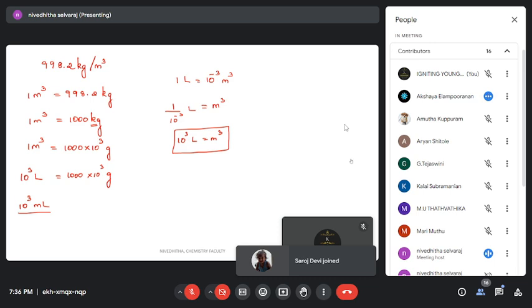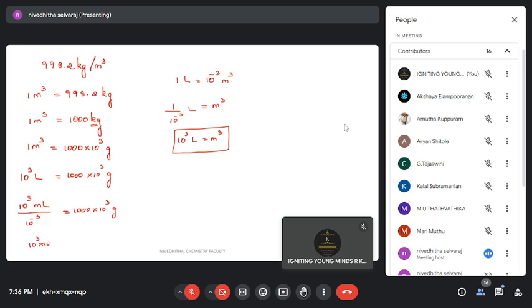What is the quantity of milli? 10 to the power minus 3, ma'am. Very good, it is 10 power minus 3, which is equal to 1000 into 10 power 3 gram. Now I'm going to take this 10 power minus 3 to the numerator. So 10 power 3 into 10 power 3 milliliter is equal to 10 power 6 gram, or I can write it as 10 power 6 milliliter is equal to 10 power 6 gram.